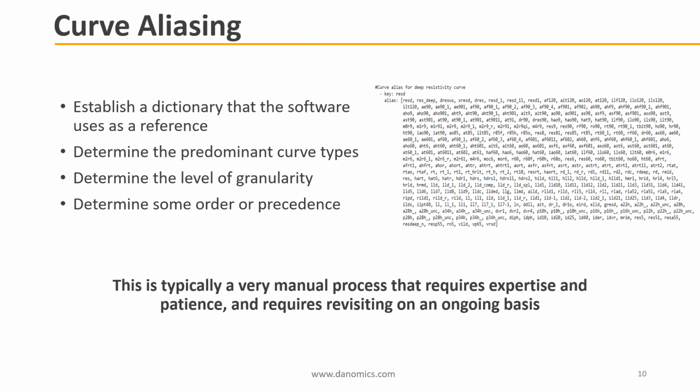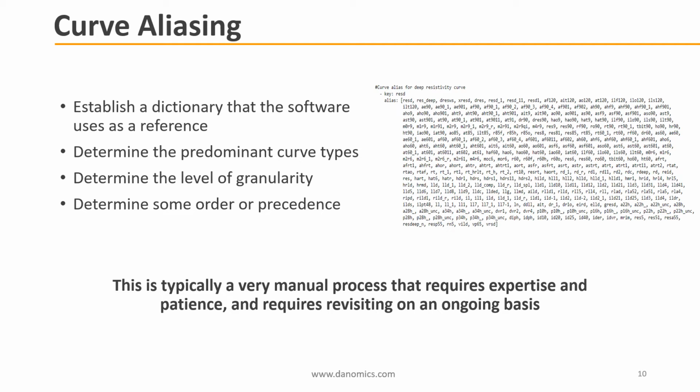It's going to require a lot of patience because you'll have a very long tail of potential curve mnemonics that'll need to be addressed if you're going to get that high level of data capture that we want. And you're going to need to revisit this on an ongoing basis. As you're starting new projects and pulling in new data, there will be increasing opportunities for new mnemonics to be present, and you'll need to supplement your alias table for that.